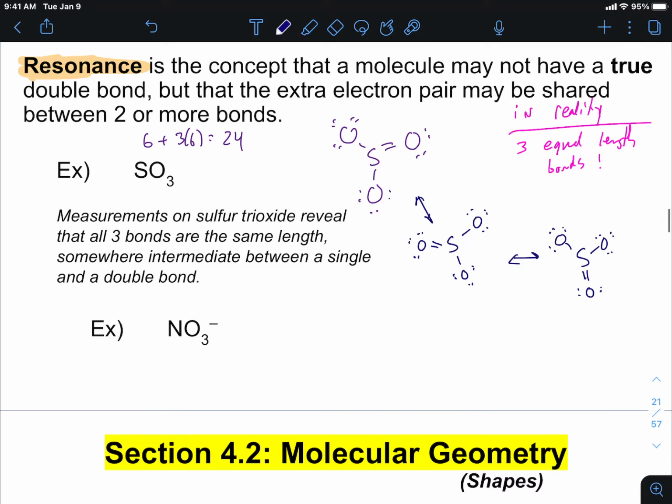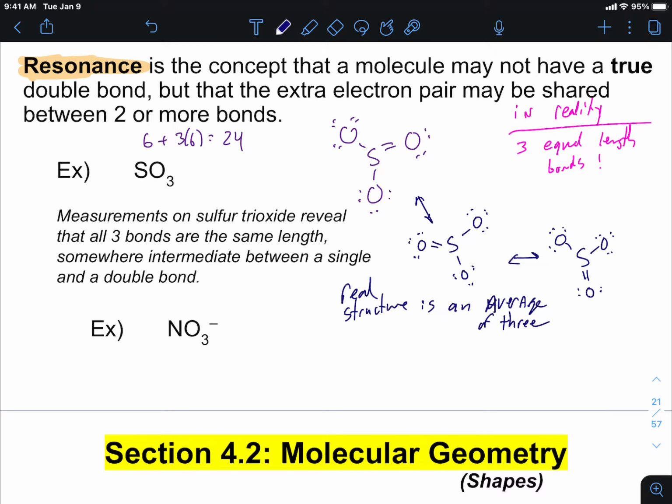Okay, so the real structure is an average of the 3. Neither one on its own is correct.